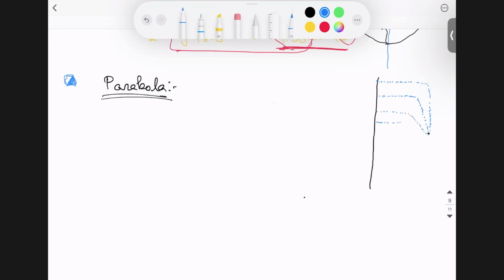Next, this point will be like this. So here it will be like a straight line, and here it will be like this. If you join these points, you may get one curve like this. We are only roughly sketching; you may get a much more accurate curve.